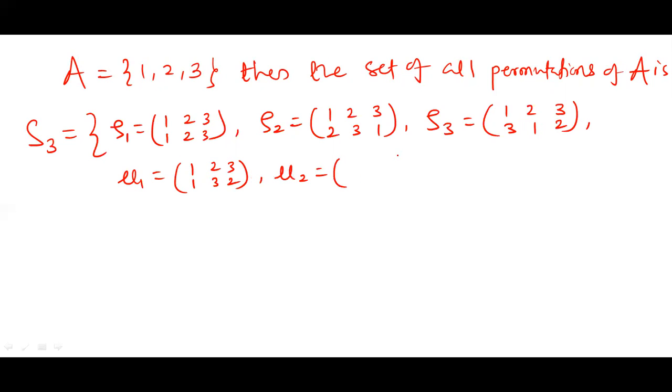Mu 2 is equal to a permutation in which 2 maps to 2, 1 maps to 3, 3 maps to 2, and mu 3 is a permutation in which 3 maps to 3, 1 maps to 2, 2 maps to 1. Okay, let's find signature of all permutations of S3.